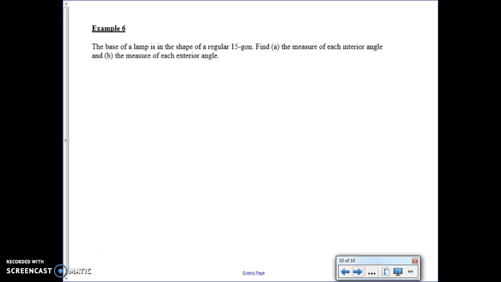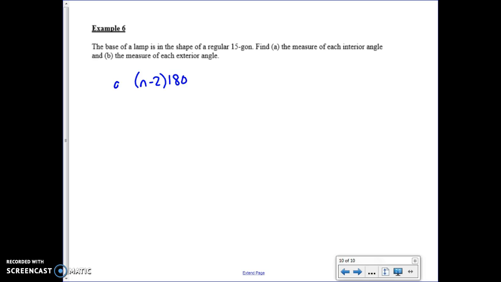Okay, this last example says the base of a lamp is in the shape of a regular 15-gon. Find the measure of each interior angle and the measure of each exterior angle. So if we're talking interior, I only know one formula, and that's n minus 2 times 180.